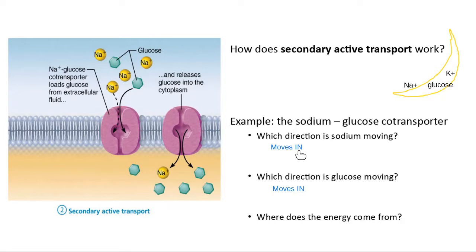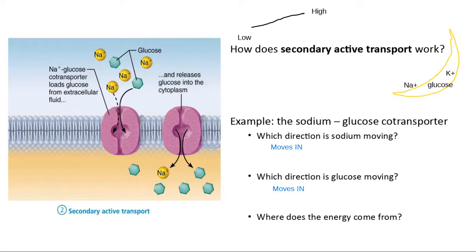When sodium moves inside, is that going from high to low or from low to high? When sodium moves inside, is that going uphill or downhill? Make our little hill again.